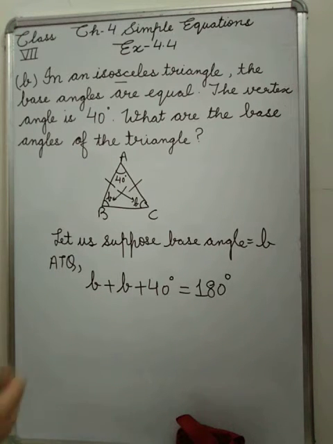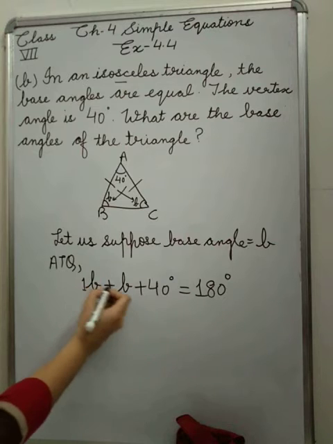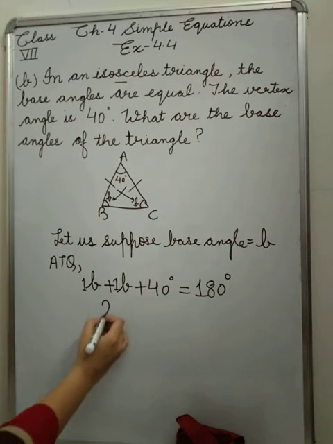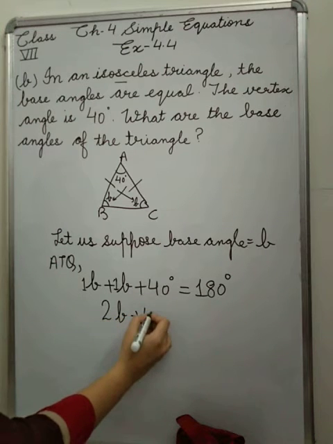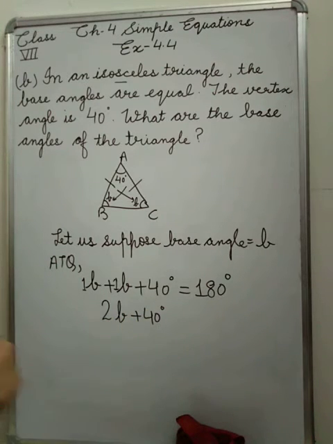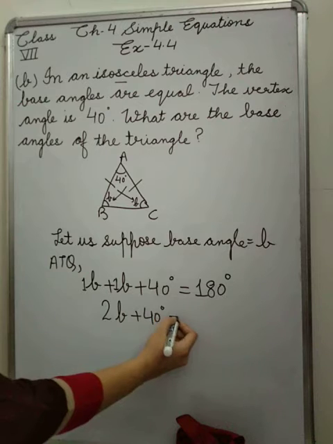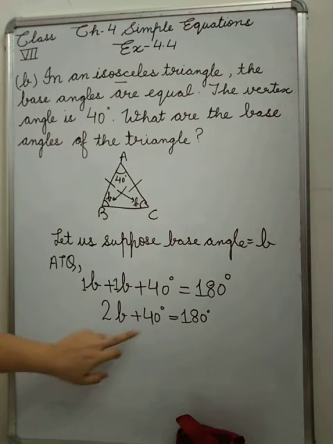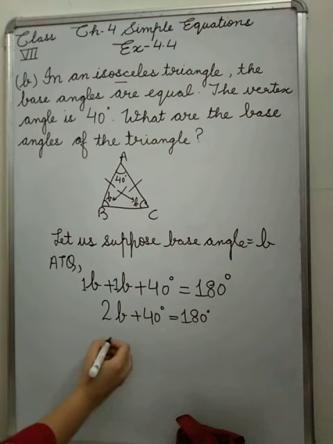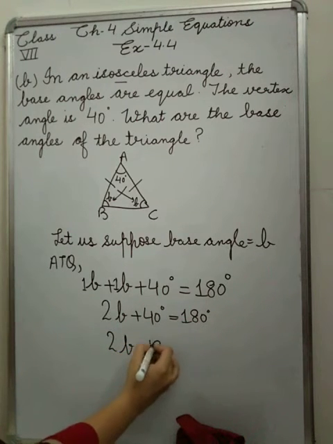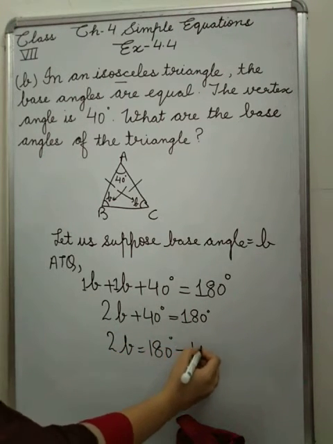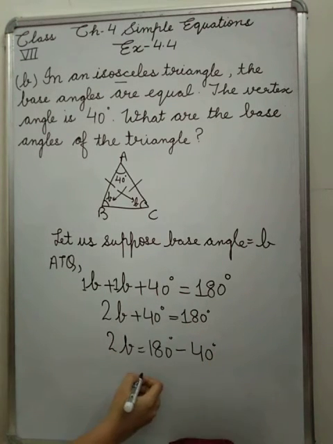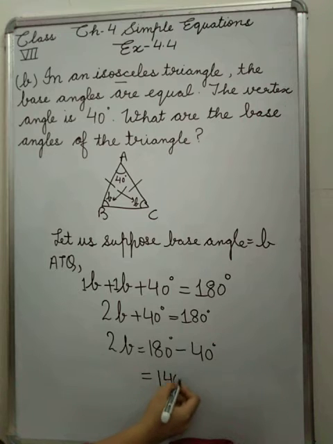I have told you earlier also, if nothing is there, it is 1. So 1b plus 1b is 2b plus 40, equals 180. Now here plus 40 moves to the next side, it will be minus 40, and 180 minus 40 is 140.